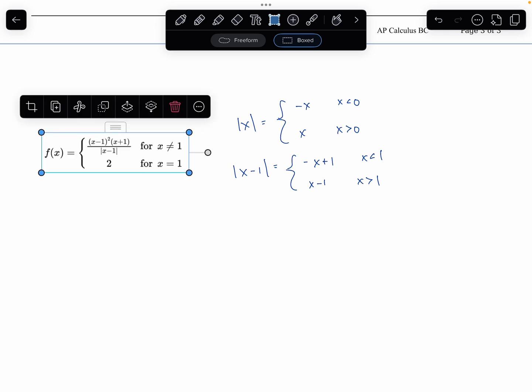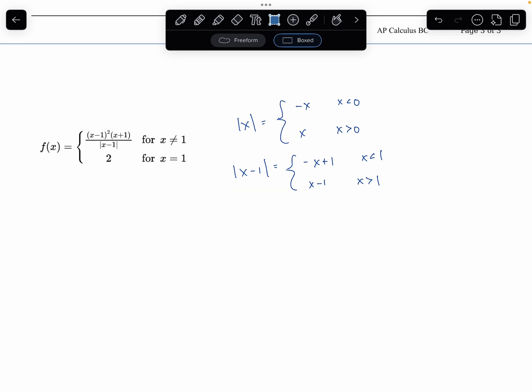So basically what I'm trying to say is that we already have a piecewise function, which is kind of weird, but this in and of itself can also be rewritten as a piecewise function, where I can split the absolute value of x minus 1 into this piecewise right here, so long as I break it down by this domain right here.